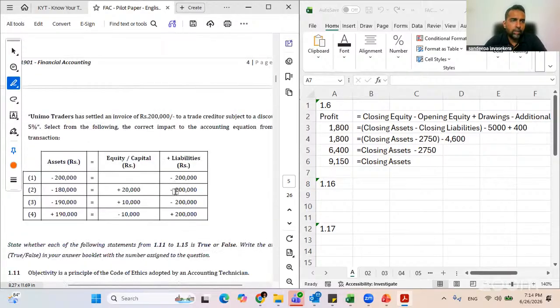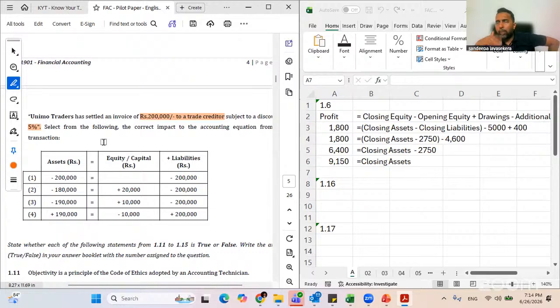Okay, next one. Unimo traders settled an invoice of 200,000 to the trade creditor subject to a discount of 5%. What is the impact on the accounting equation? So there's a liability worth 200,000 and you are going to settle it subject to a 5% discount. 200,000 into 5% is 10,000. So technically your liability would come down by 200,000.